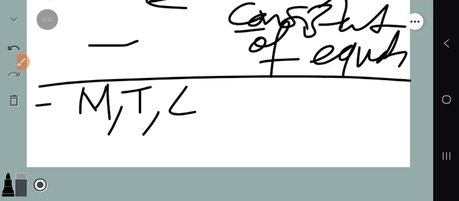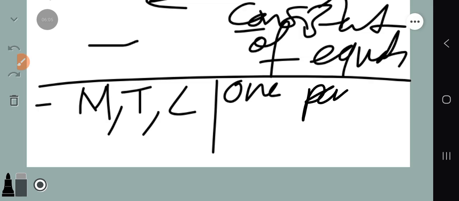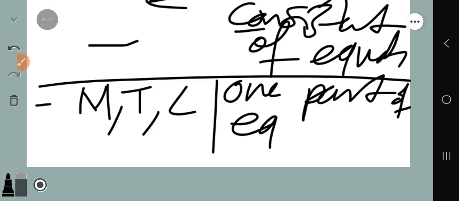This is a limitation, all right? Now, the second limitation is dimensional analysis can only derive one part of an equation, all right? One part of an equation.